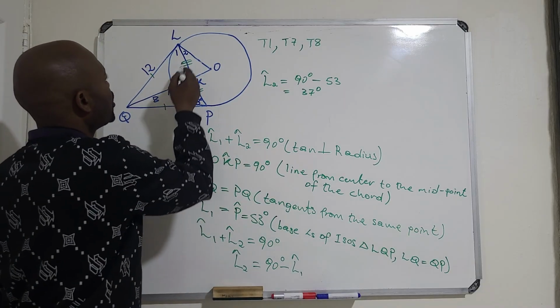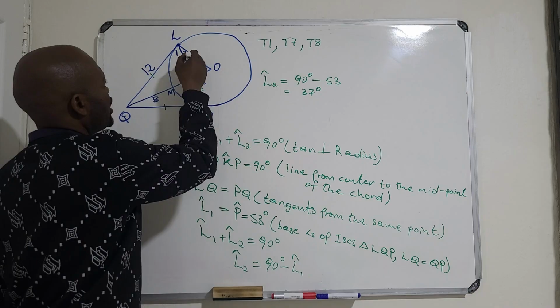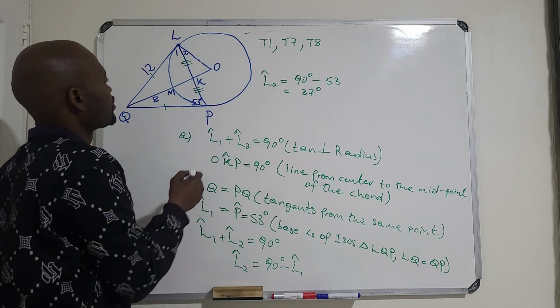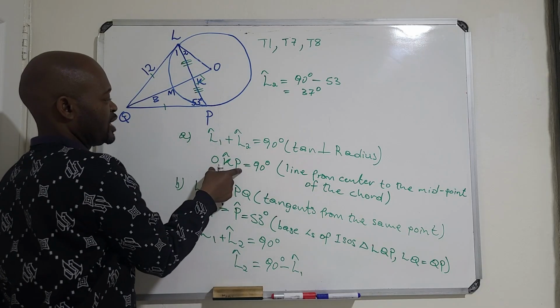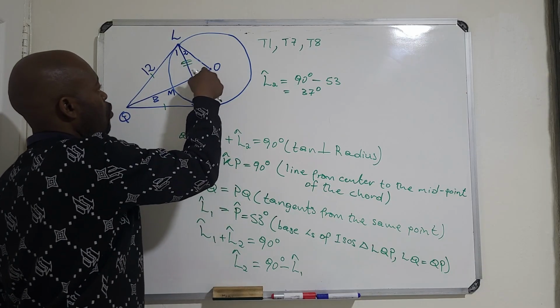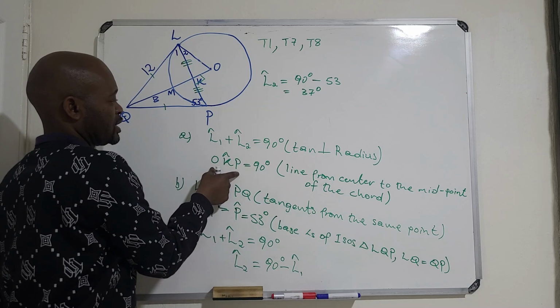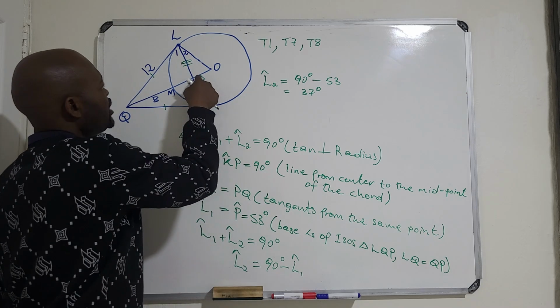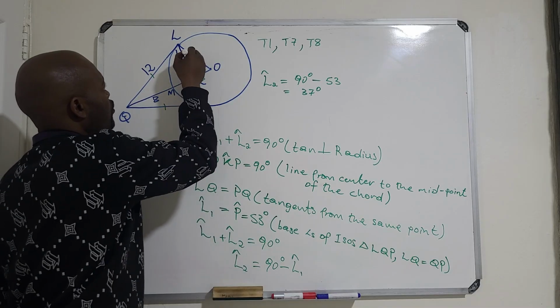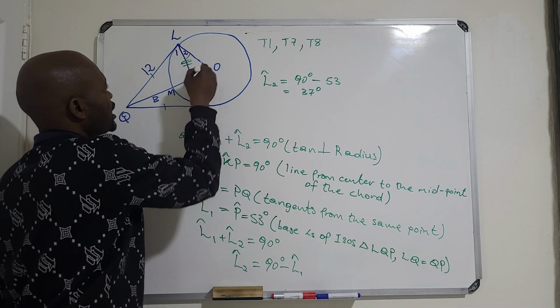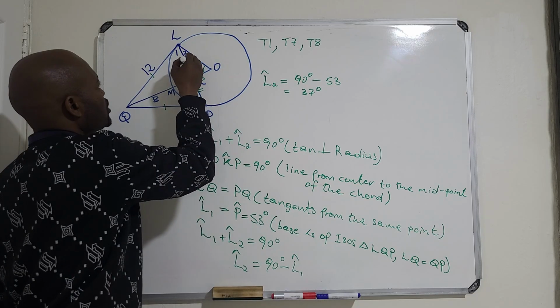Now, we know that this angle here is 37 degrees. We know that this angle here is 90, as we have said there, that angle OKP is 90 degrees. Therefore, this angle outside here is equal to this angle plus that angle there.